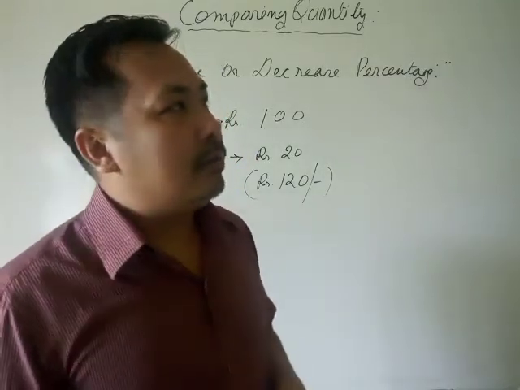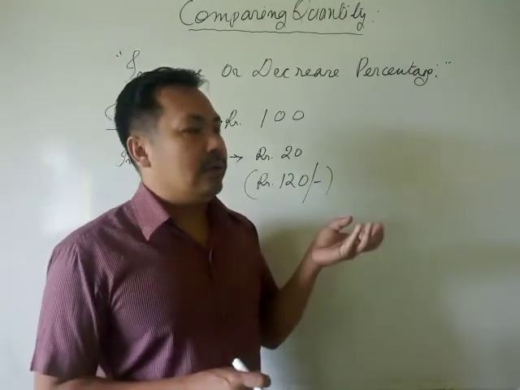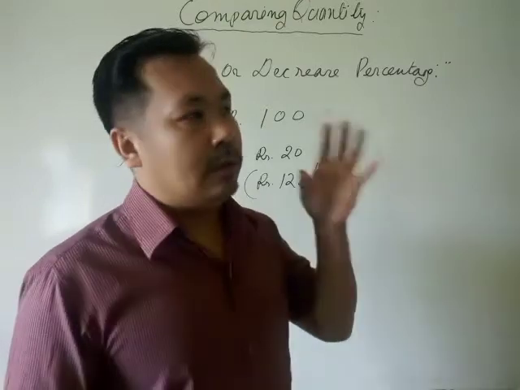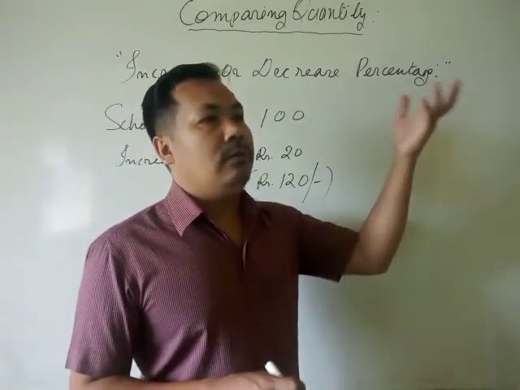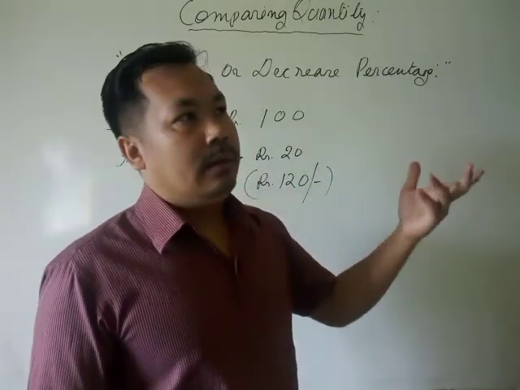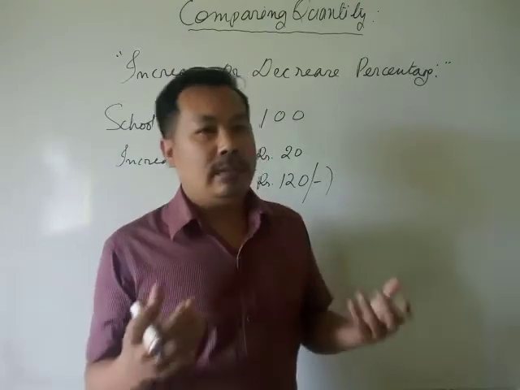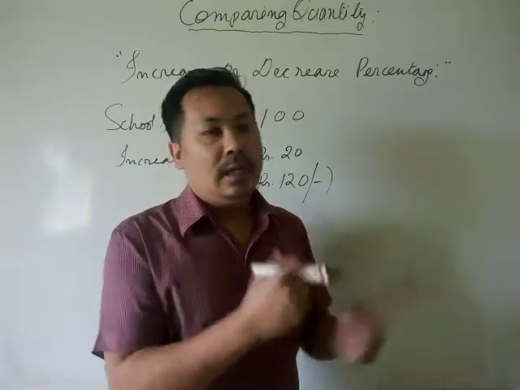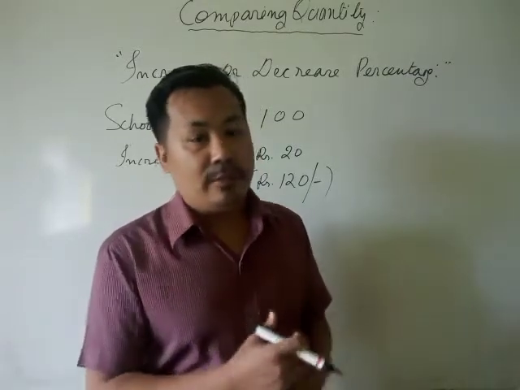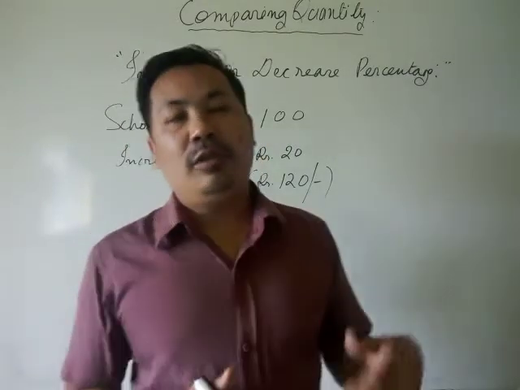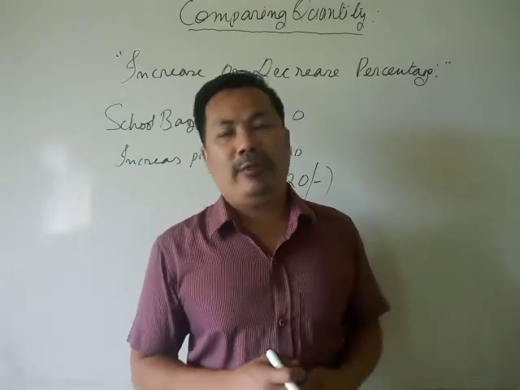My dear students, sometimes it happens in our daily life that the price of things is increased by a certain amount from the before price or from the original price. Now we have a pandemic, isn't it? Due to the pandemic, the shopkeepers were taking advantage to increase the prices from the original prices so that they can earn more profits.